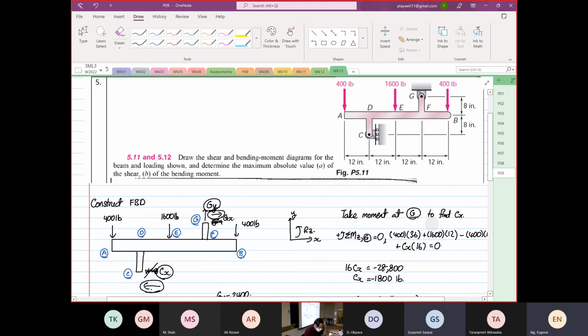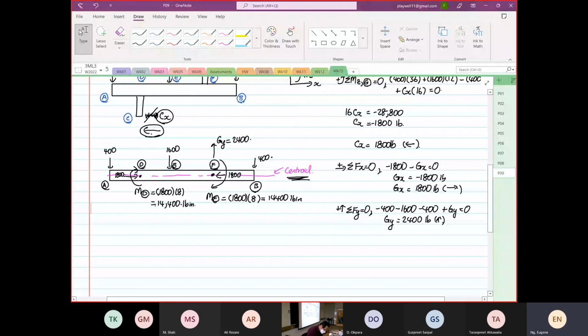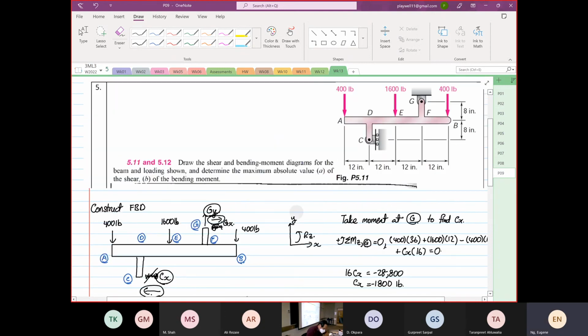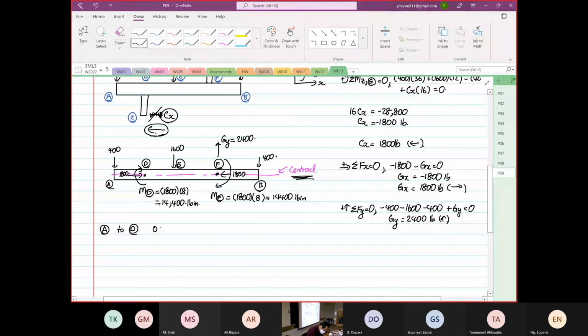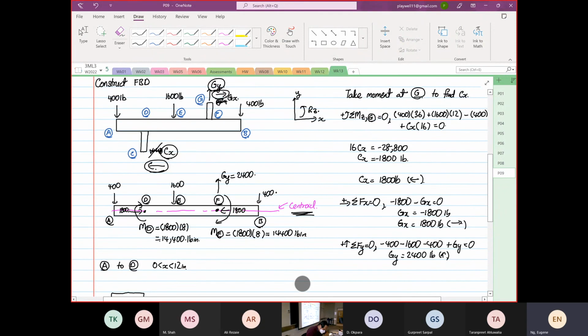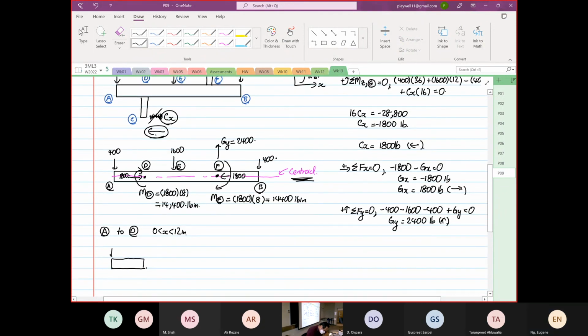Okay, watch. So we are going to form A to point D. So A to point D is 0 to x to 12 inch. Over here, we have a force of 400 pounds.